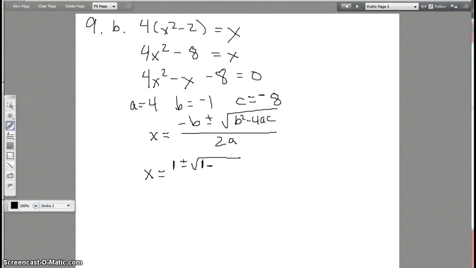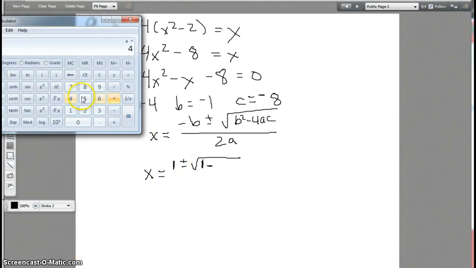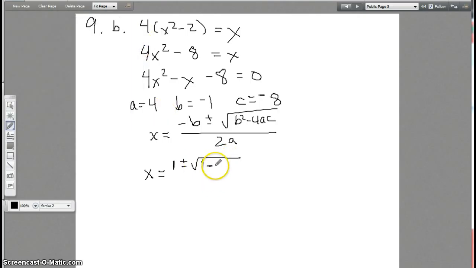4 times 4 times 8. That's going to give us negative 128, because we had 4 times 4 times negative 8. That will give us negative 128, and we're subtracting that. And that's all over 2a. Our a is 4, so 2a is 8.